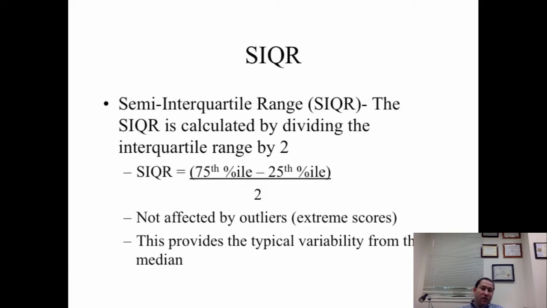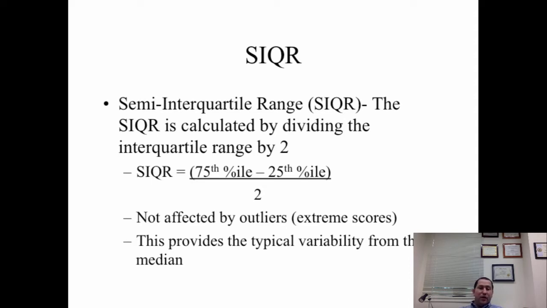So in the semi-interquartile range, we're doing the same thing we did and just dividing it by 2. So the semi-interquartile range is 75th percentile minus 25th percentile divided by 2. So let's take the example I gave you, right? So 14 on that quiz was your 75th percentile, minus 6, that was your 25th percentile, equals 8.